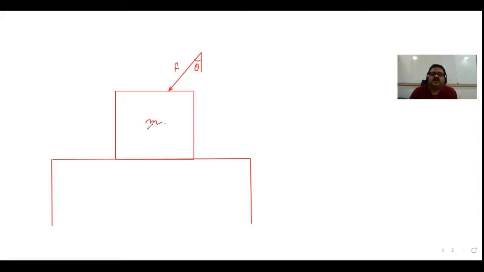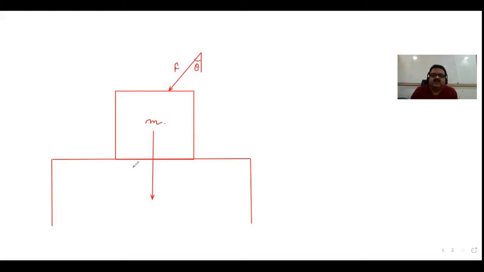Now, take this example first. A body is lying on the surface of a table, and a force F is acting on the body like this, making an angle theta with the vertical. We need to calculate the normal reaction or normal force, correct? Now, because of the mass of the body, earth is pulling this body in vertically downward direction with the force called mg.